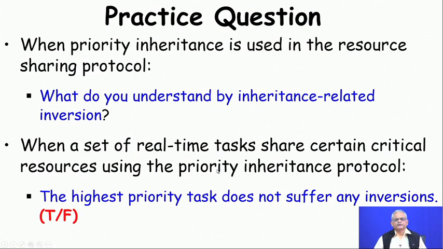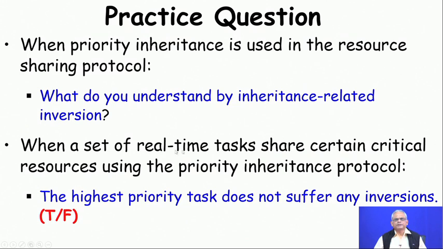Now, let us look at further questions before we conclude this course. You can ask specific questions. For example, what do you mean by inheritance related inversion when using a priority inheritance scheme, maybe a priority ceiling protocol? What do you understand by inheritance related inversion? Give an example of an inheritance related inversion.